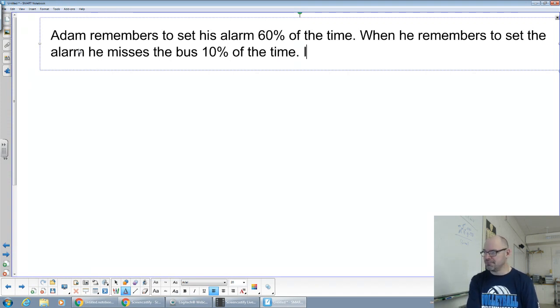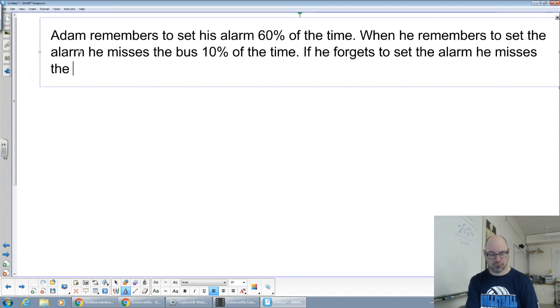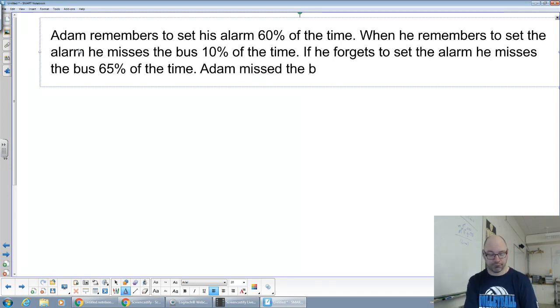If he forgets to set the alarm, he misses the bus 65% of the time. Adam missed the bus. What is the probability he remembered to set his alarm?